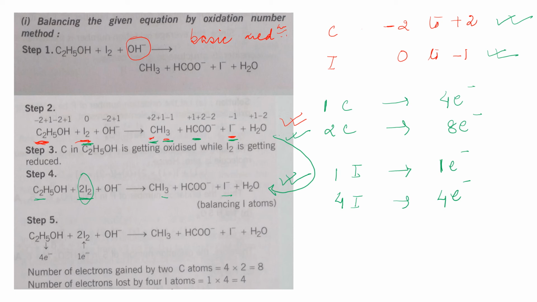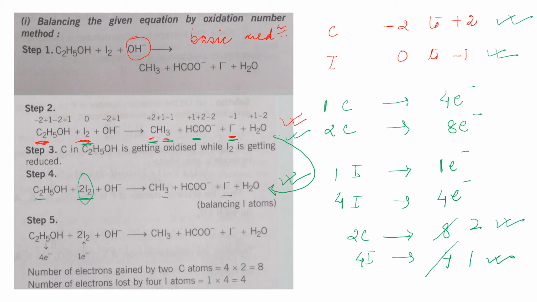So what am I getting? I am getting 2 carbon atoms losing 8 and 4 iodine gaining 4. So now I can reduce this. It is becoming 2 and 1. So the coefficient of C2H5OH is 1 and the coefficient of iodine is 2.